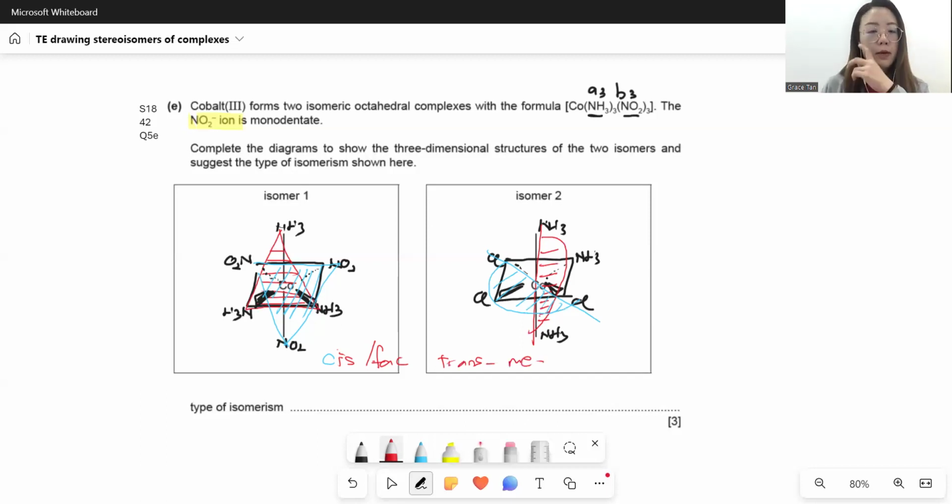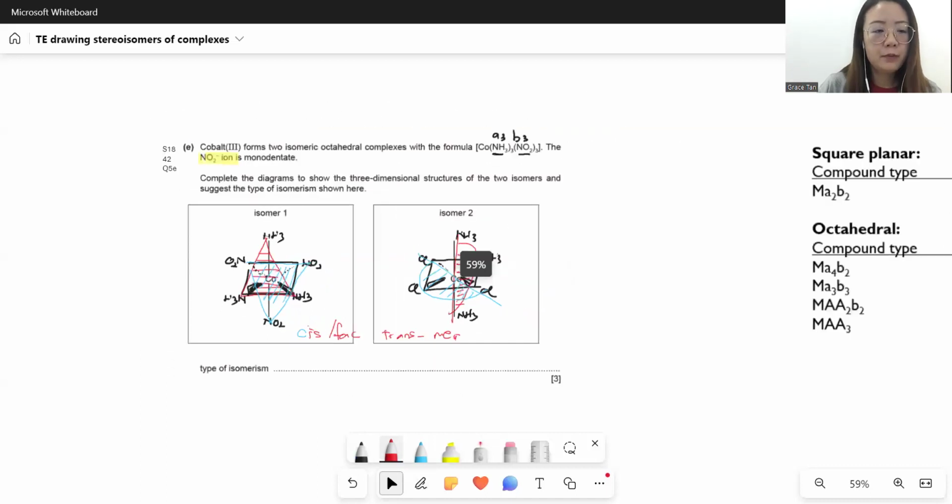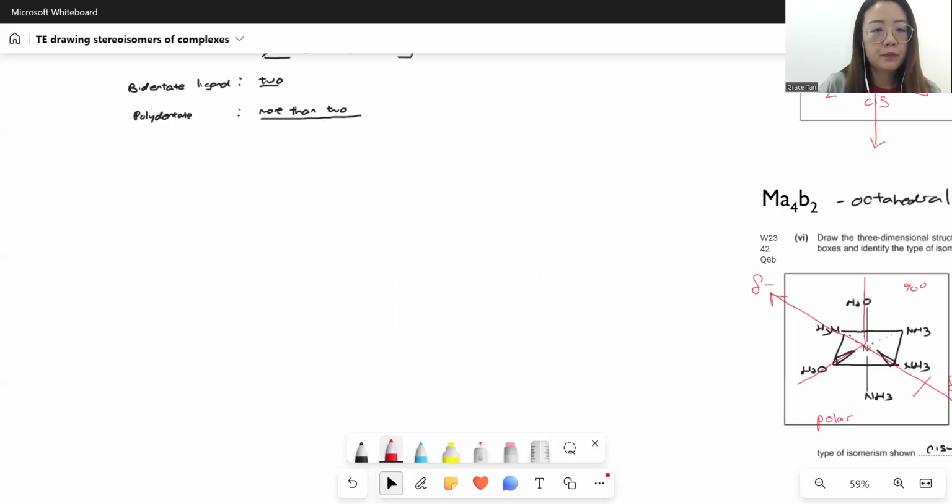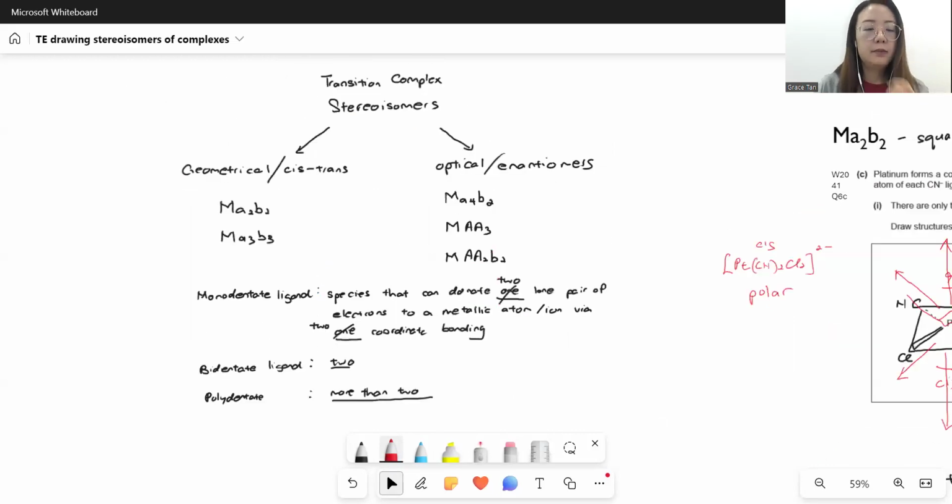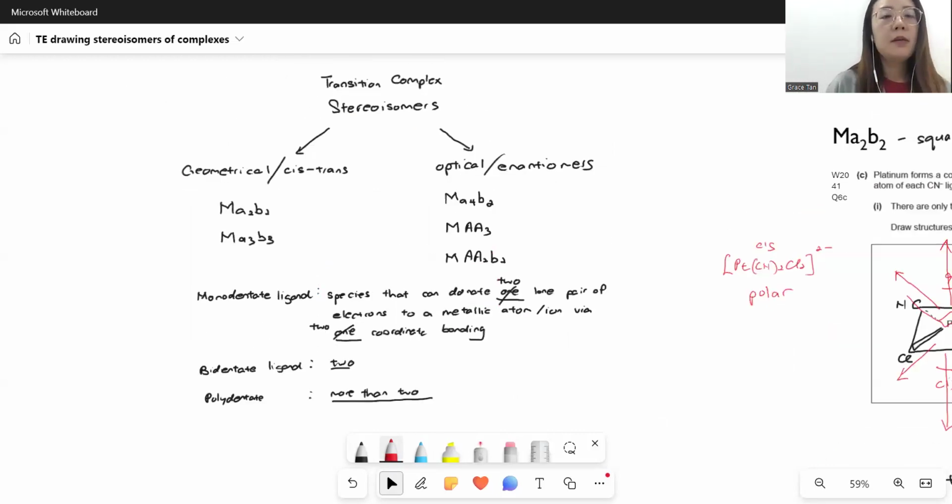Now, if we were to go back to the starting of the video, stereoisomerism, I've covered 2 types and 2 formulas for the geometrical isomers and 3 formulas for the optical isomers. And of course, the one I'm highlighting now, as you can see, the capital AA2 and small b2, has a mixture of cis-trans and optical isomerism.